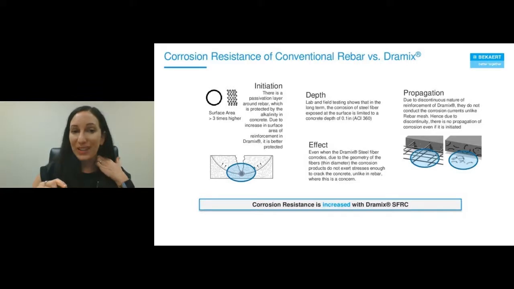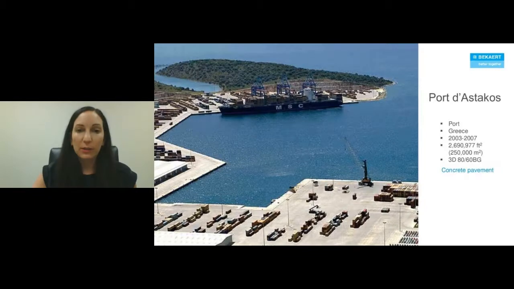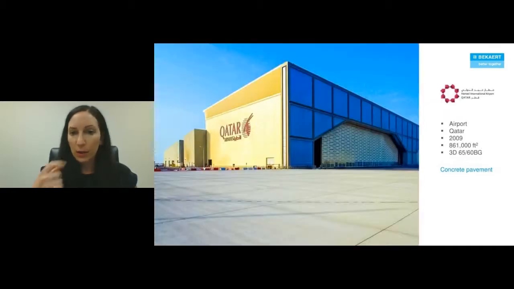At most, these are about 0.9 millimeters in diameter, so that corrosive pressure is not enough to cause any damage to the concrete. For this reason, we're used extensively in very demanding and highly corrosive environments like port pavements and this airport here in Qatar. Just a couple of examples.